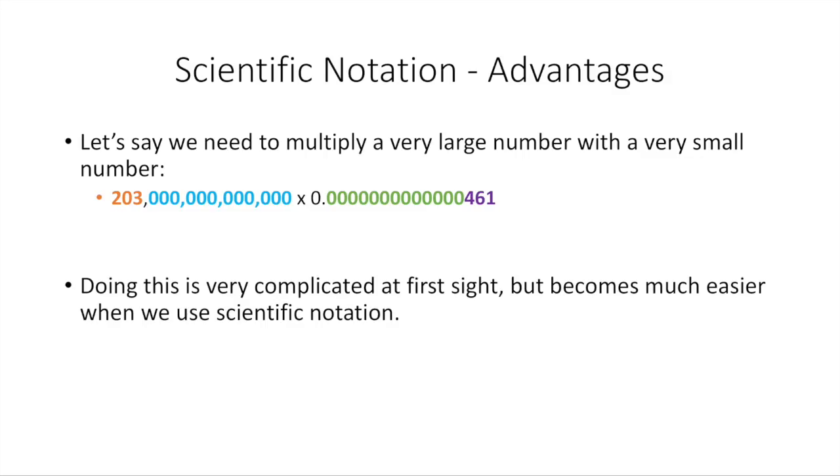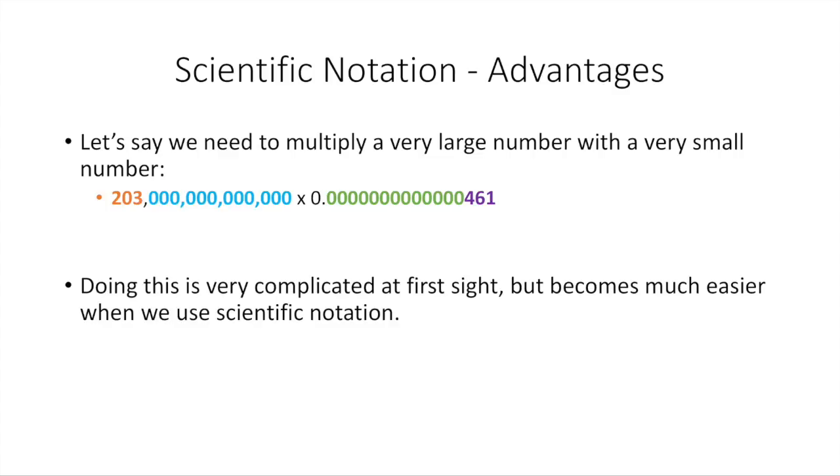There are some advantages to writing in this way with scientific notation. For example, let's say we wanted to multiply a very, very large number with a very, very small number. Chemistry does this all the time. Physics sometimes too. So this is actually a real thing. It looks very complicated at first sight. If we had to multiply this 203 trillion times 0.0000 whatever 461, it's very complicated.